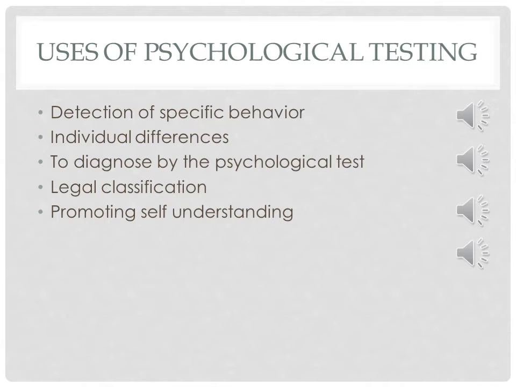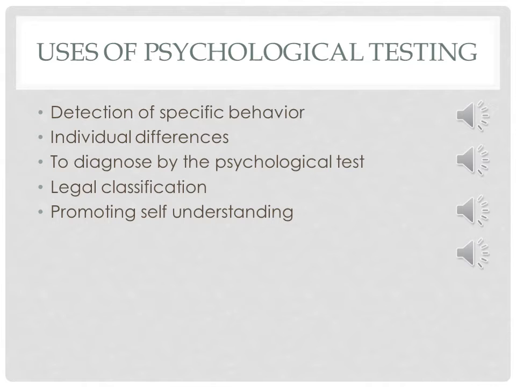So this classification can be done, like intellectual and mentally retarded, and the other one is able and disabled, etc. This type of legal classification can be done by this psychological test, so it can be considered a use of psychological tests.